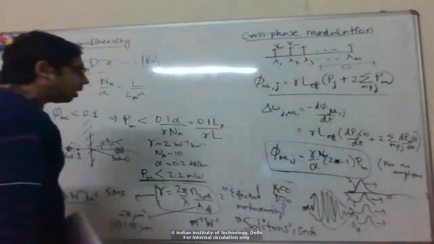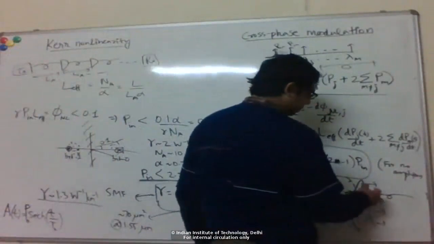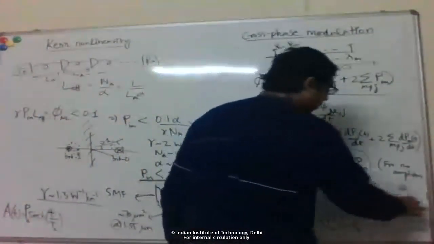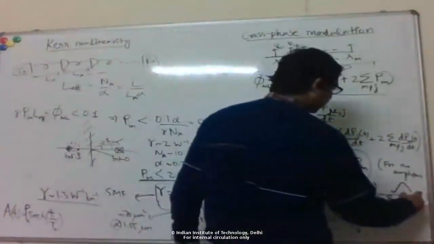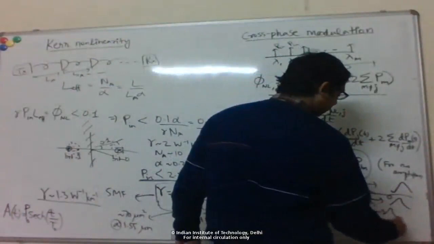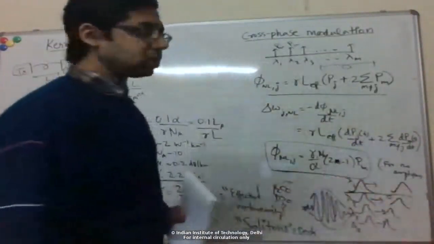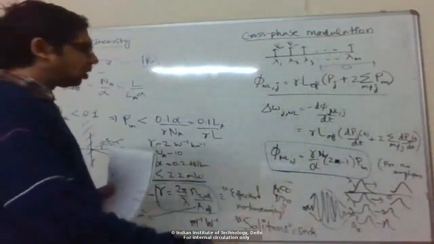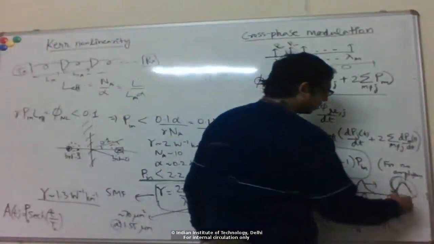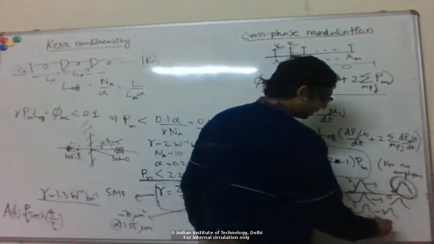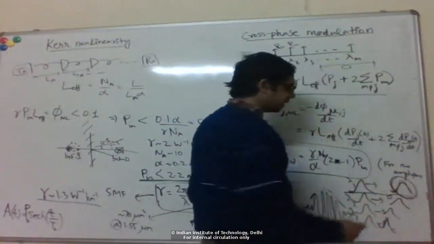But of course, you know that because of dispersion, these different wavelengths will travel at different velocities. So after some point, they'll start moving away from each other, and they won't be overlapped anymore. Once they're not overlapped anymore, if this pulse causes a change in the refractive index, this other pulse is not here yet to experience this change in refractive index.